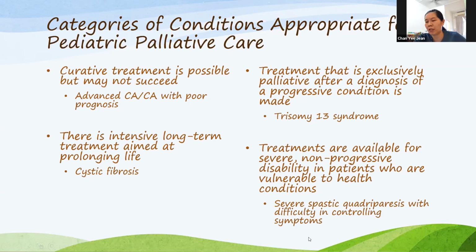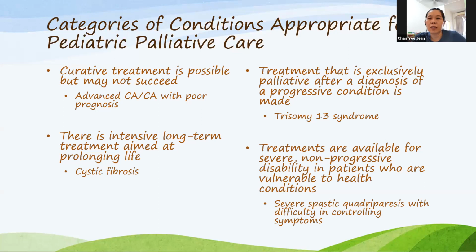So sometimes the discussion of palliative care might come up. Treatment that is exclusively palliative after diagnosis. So Edwards syndrome, you know that they are going to die anyway, right?